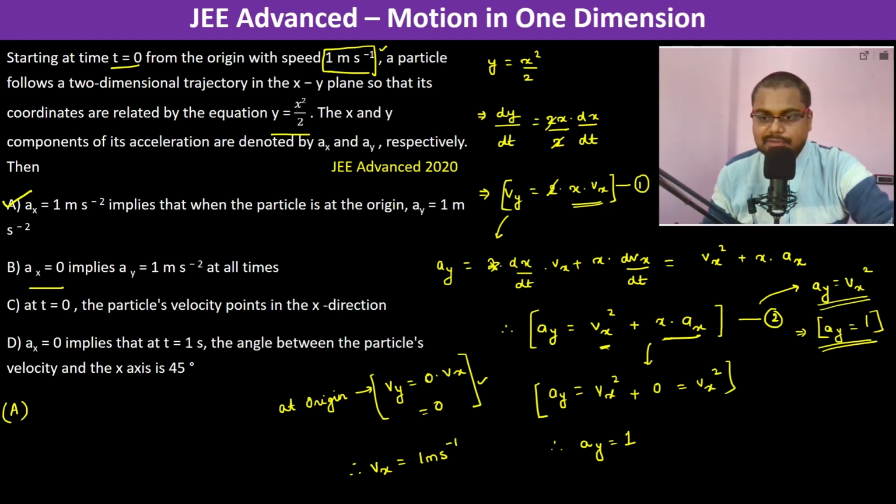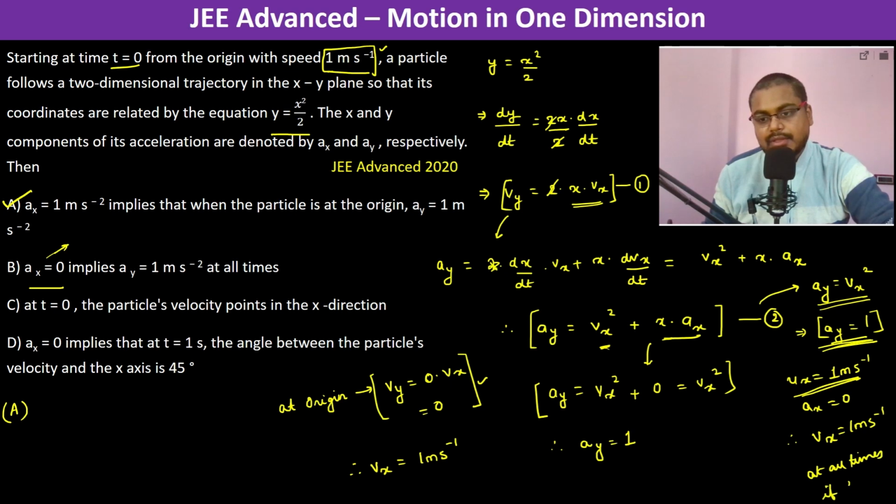Now you see the initial velocity is 1 meter per second, and in the question it is clearly mentioned that ax is equal to 0. So since ax is equal to 0, whatever is the initial velocity is going to remain. So velocity in x direction is equal to 1 meter per second at all times if ax is equal to 0. So ay should be equal to 1.